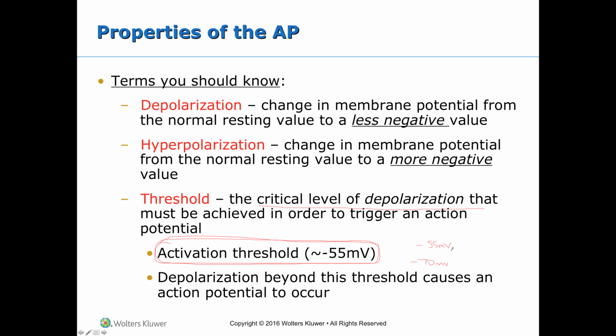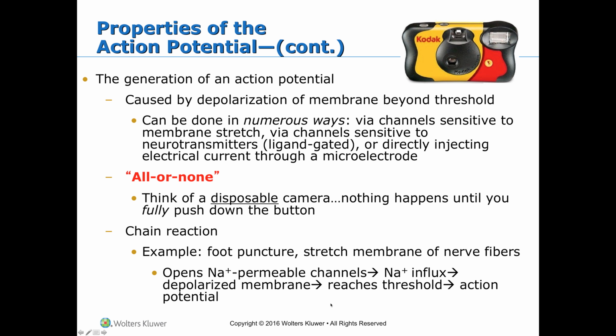Depolarization beyond this threshold is always going to cause an action potential to occur in an all or none response. So the action potential is caused by depolarization beyond this threshold, the activation threshold, negative 55 millivolts.